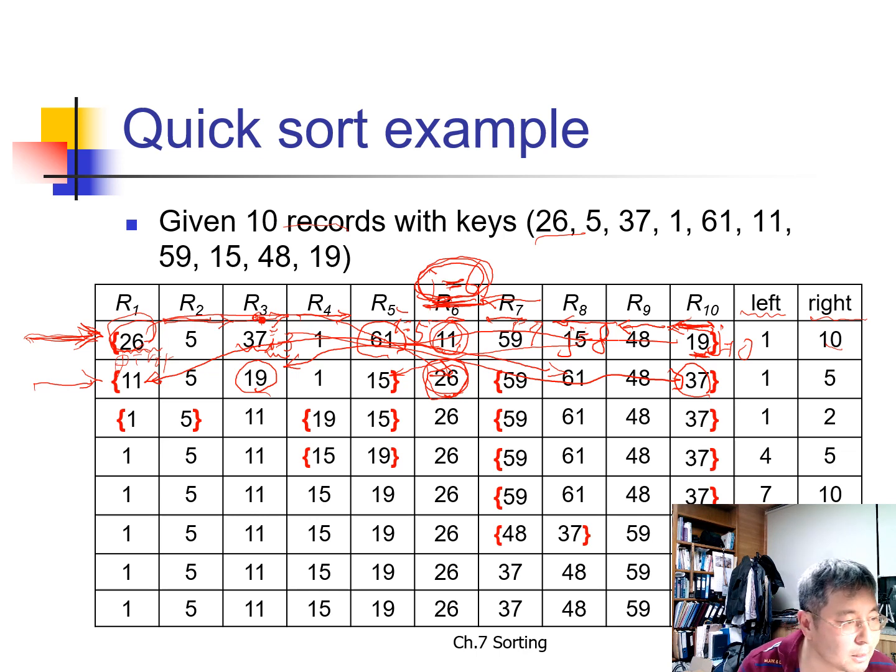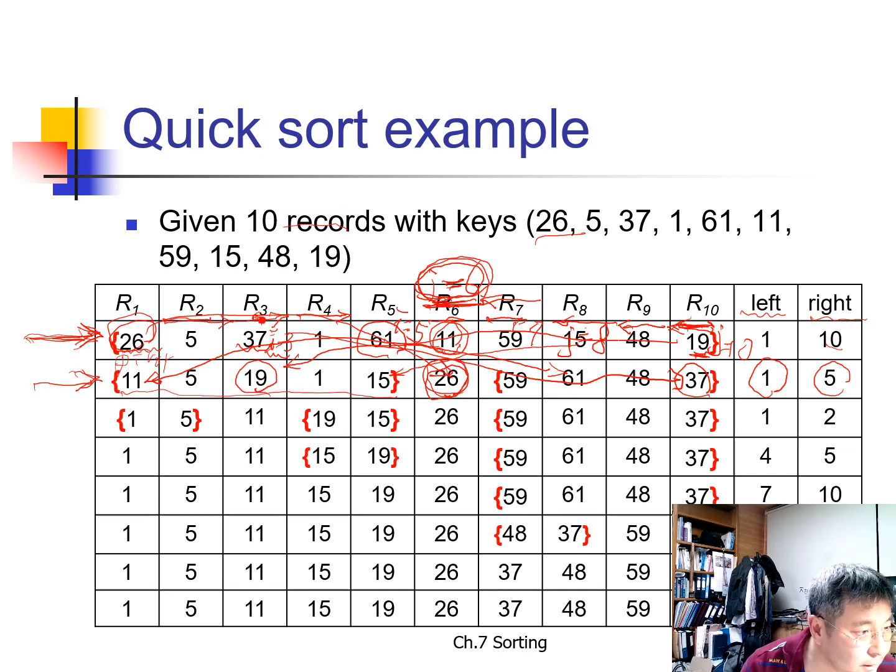Okay, so we will visit the left part first. So in here, the left value is 1 and the right value is 5. In the same way, we will apply quicksort on the left part here.